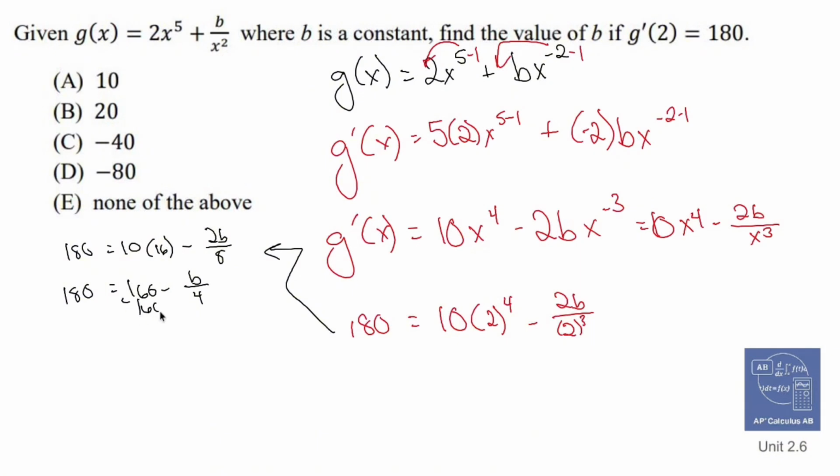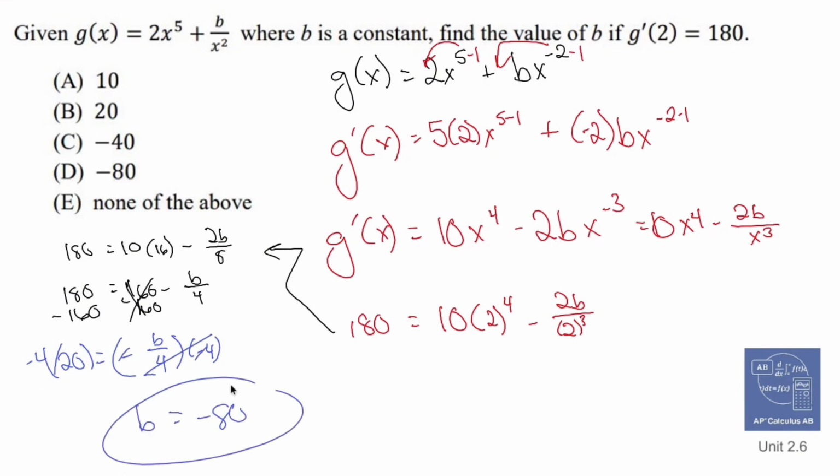Subtract 160, subtract 160. On the left side, you get 20 equals negative b over 4. Multiply both sides by negative 4. That crosses out along with the negatives, and b equals negative 4 times 20, which is negative 80.